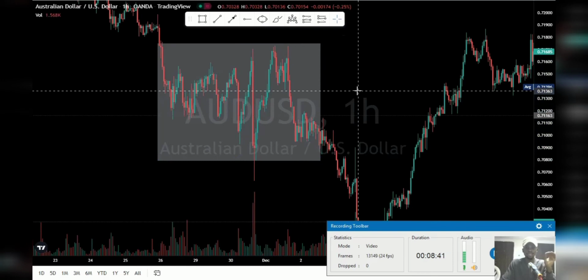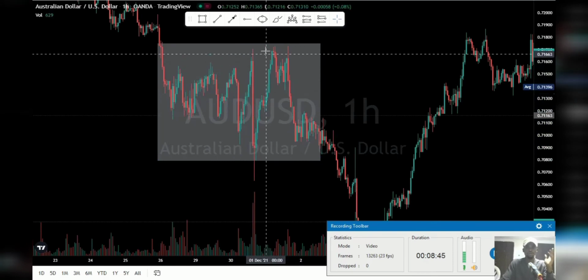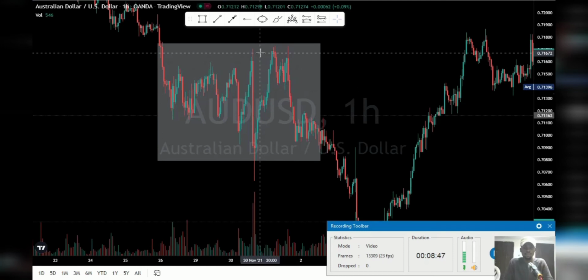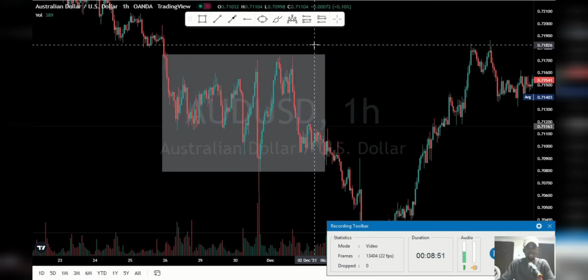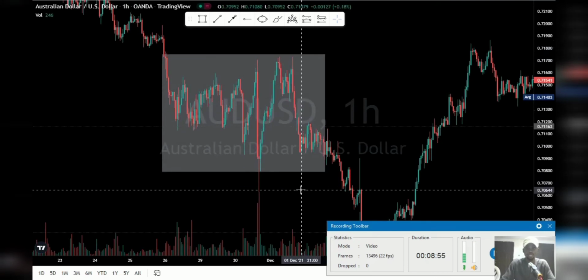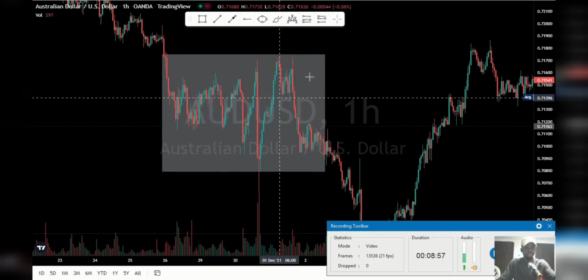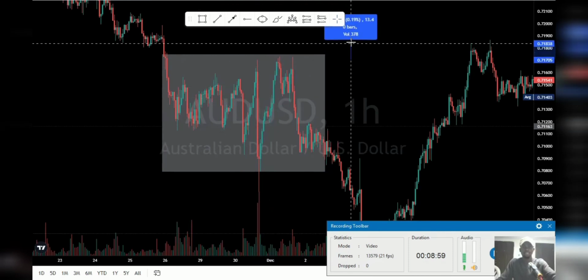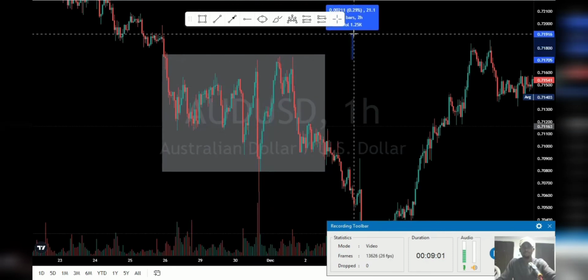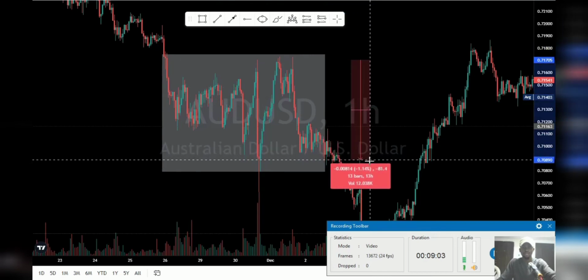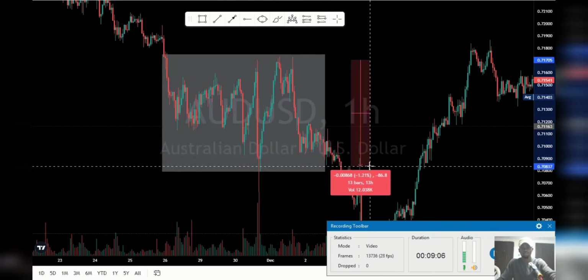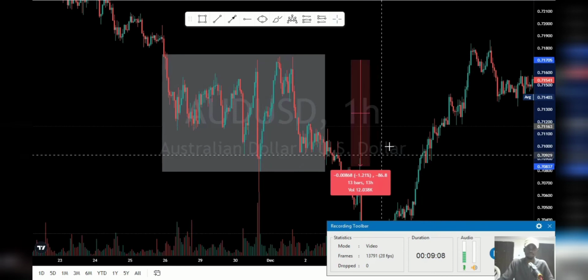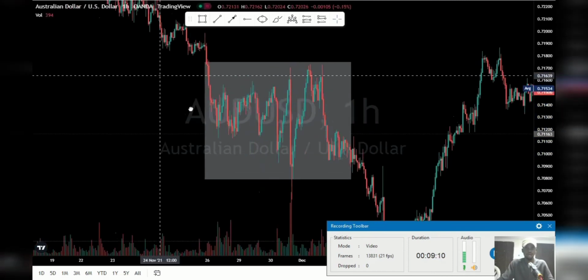Whenever they want to take their entry, they will move to the 15 minutes time frame. On the 15-minute time frame, that is where they will be taking the sniper entry. They will also have their stop loss as tight as possible, above the resistance and below the support, risking about 20 pips to get 70-80 plus pips. You see that is still very much awesome.